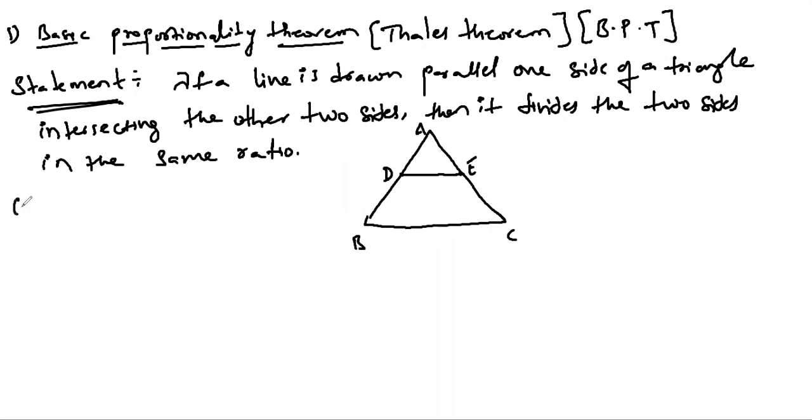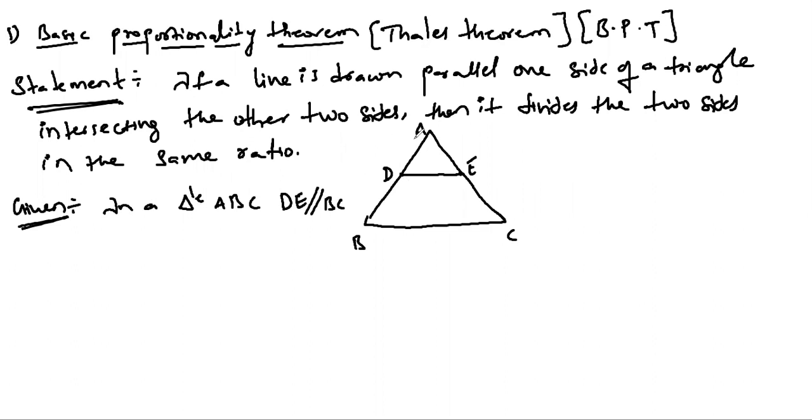First you write given. In a triangle ABC, everything up to here is given. If a line is drawn parallel to one side of a triangle intersecting the other two sides, that means the triangle is given and parallel is also given. DE is parallel to BC, right?